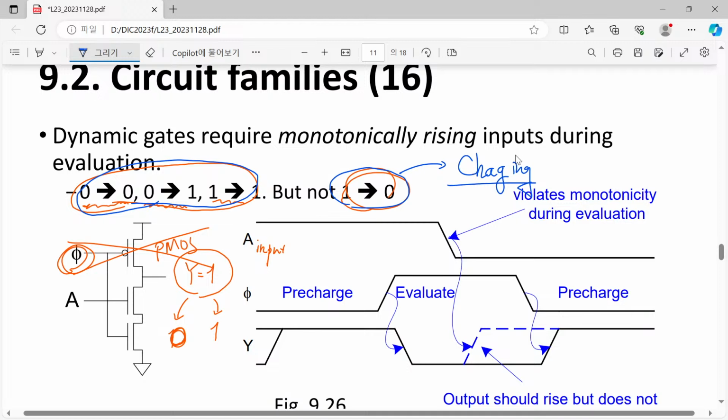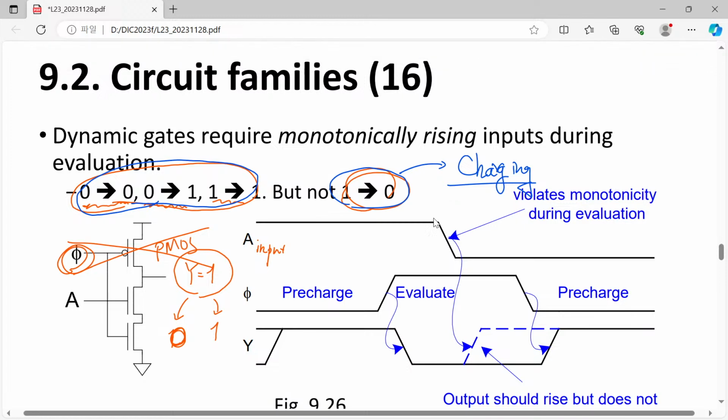However, we have no ability to charge this output node during this evaluation phase. So therefore, single dynamic gates cannot be serially connected, at least in a single evaluation phase.